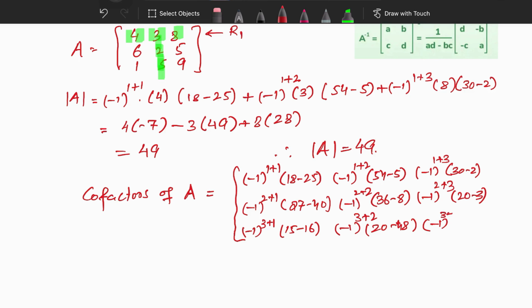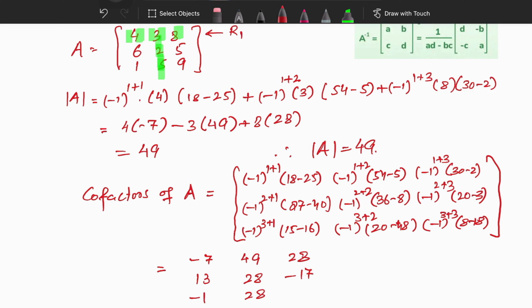Last one is negative 1 power 3 plus 3, so the entry is 8 minus 18. These are the expanded form of this, so if you simplify it, your result is going to be negative 7, 49, 28, 13, 28, negative 17.